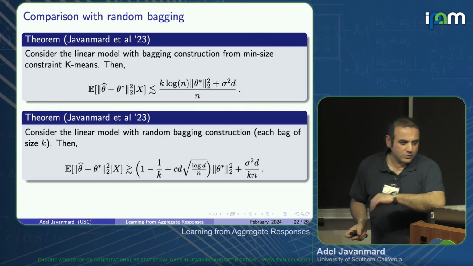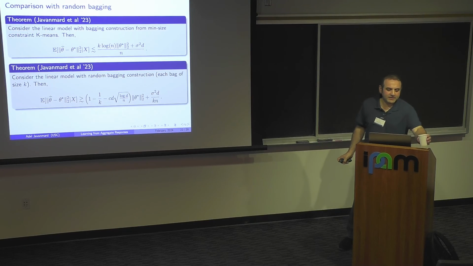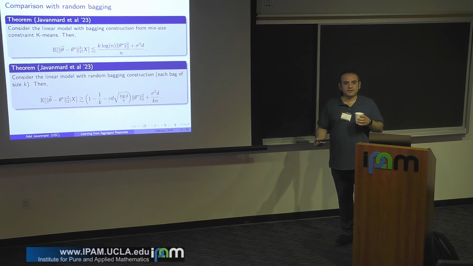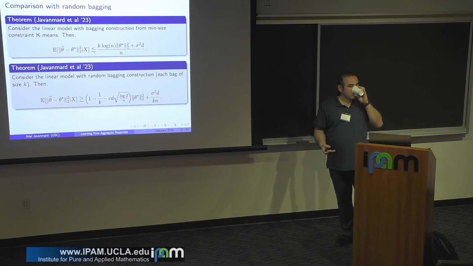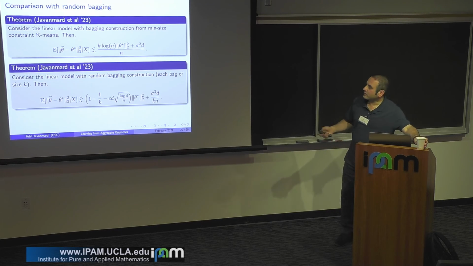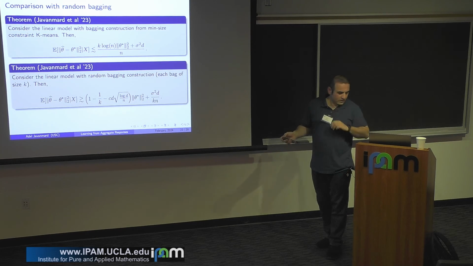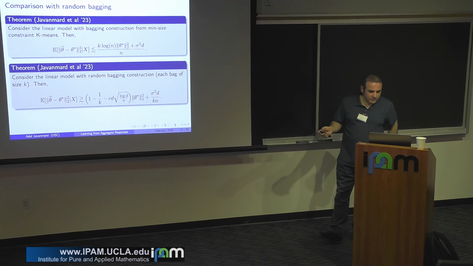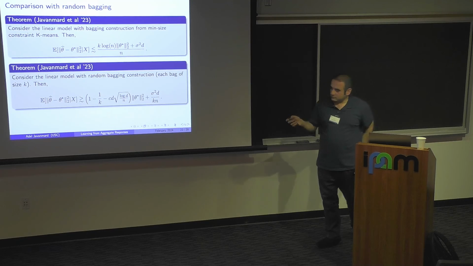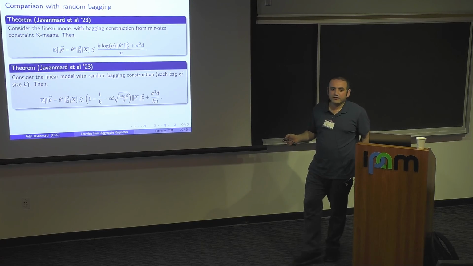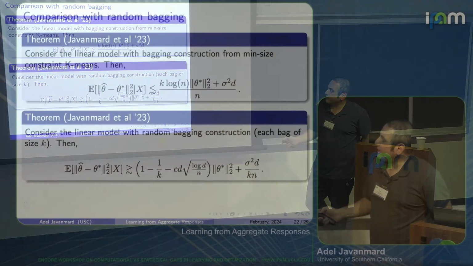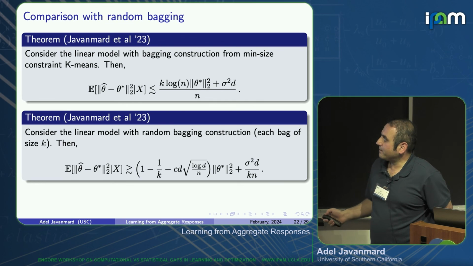Now, do we have any theoretical guarantee that this approach using the prior is better than random bagging? The first result is, again, for the linear model. If you use the prior in constructing the bags, the upper bound that we get would be of this form.